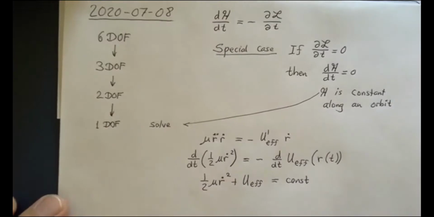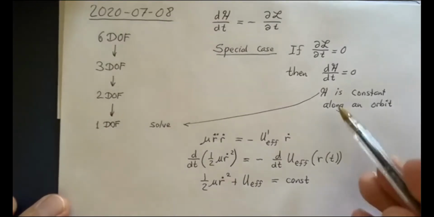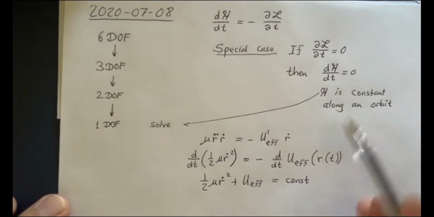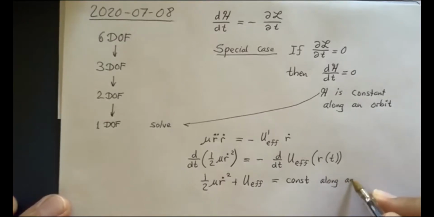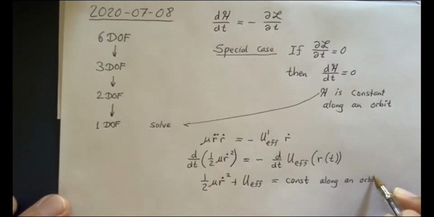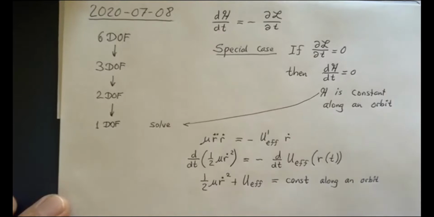Okay, so this is an alternative way. Of course, what we've just shown is fully equivalent, right? So what we've done here, we've shown that the total mechanical energy is constant along an orbit.